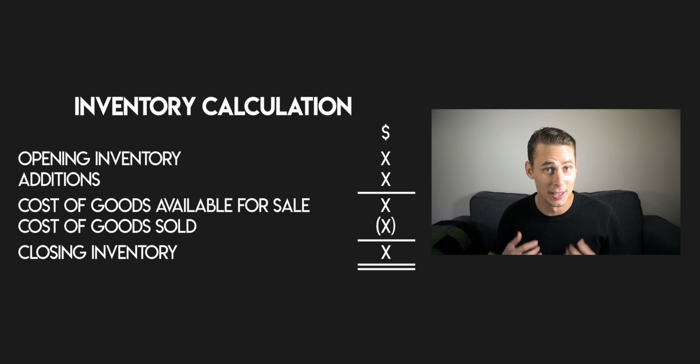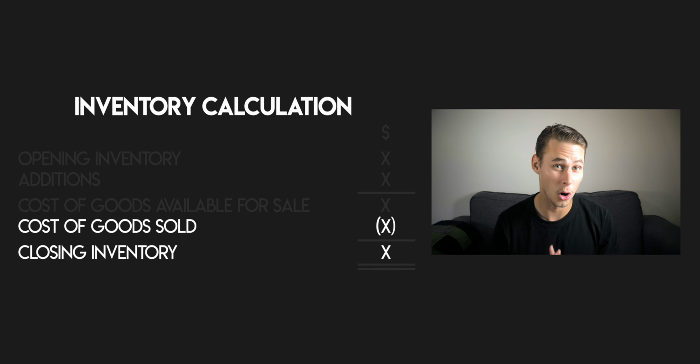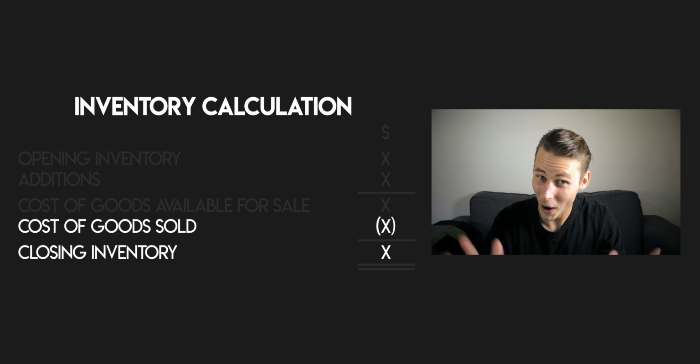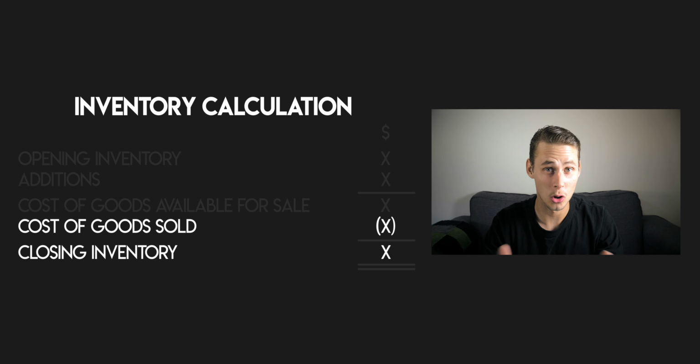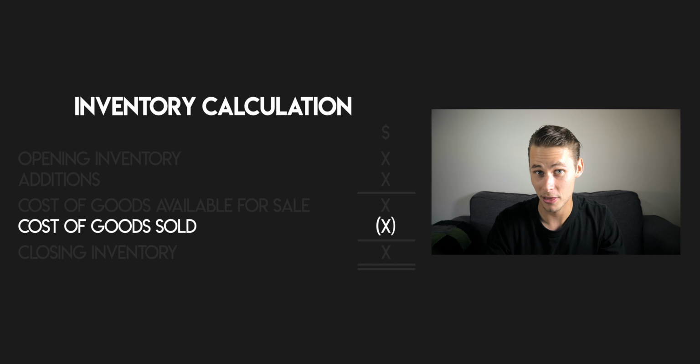This calculation is going to be our foundation for the rest of the example. We'll use it to work out your closing inventory and your cost of goods sold for October, using both the perpetual and periodic methods. Now I want you to pay close attention to timing. When is it that you first find out your cost of goods sold under each method? This is key to understanding the difference between the 2 systems.